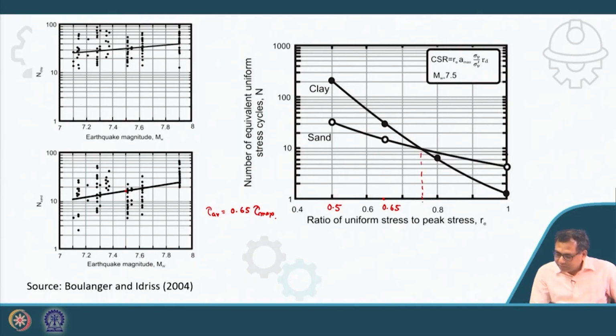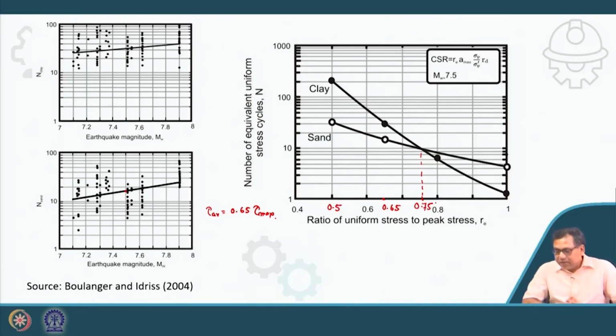So if the tau average is less than 75% of tau max, then the number of uniform stress cycles in clay is more than the number of uniform stress cycles in sand.